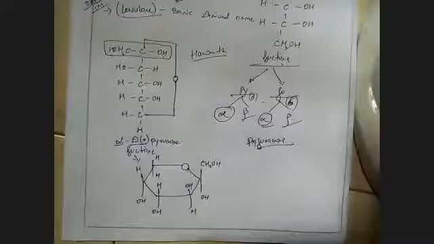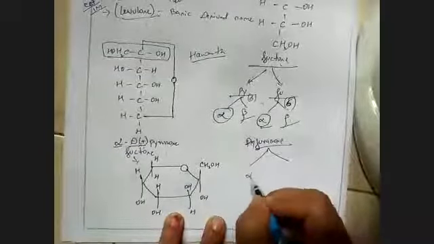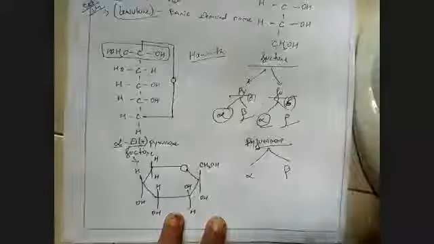Furanose again, we are writing in alpha and beta forms. So here I'm writing the open chain structure, sorry, the open ring structure, we can say.